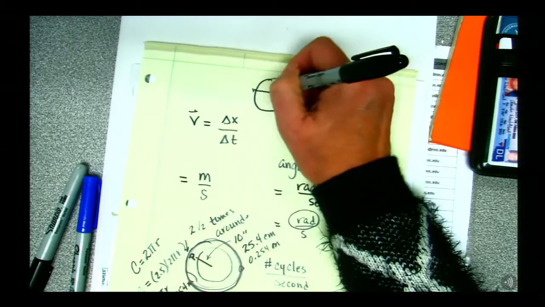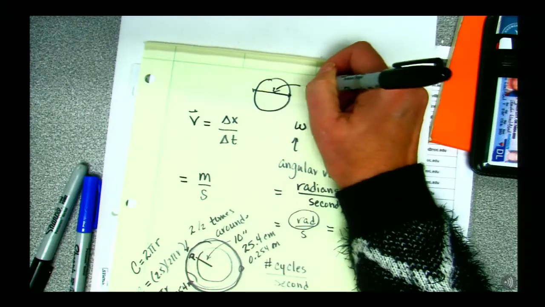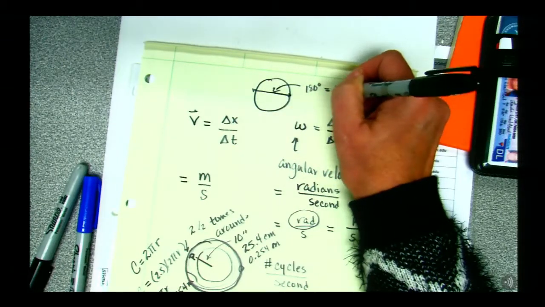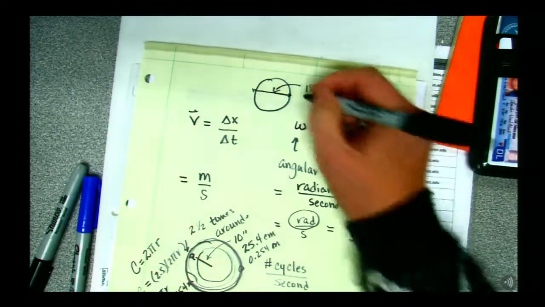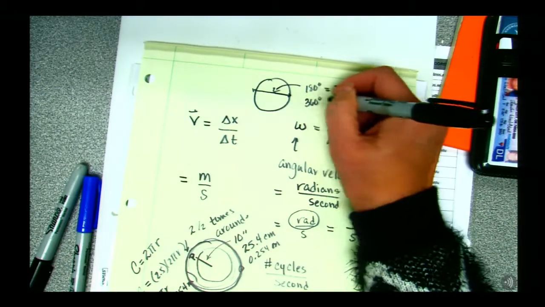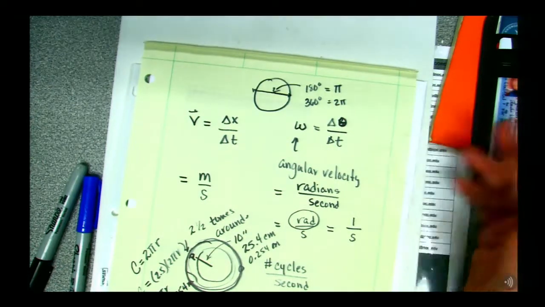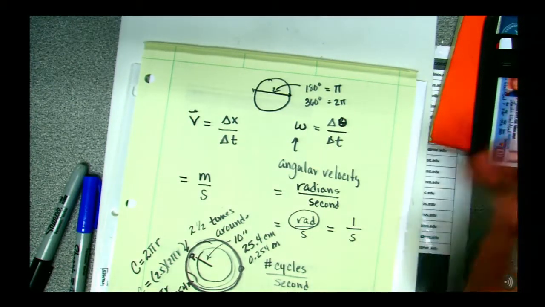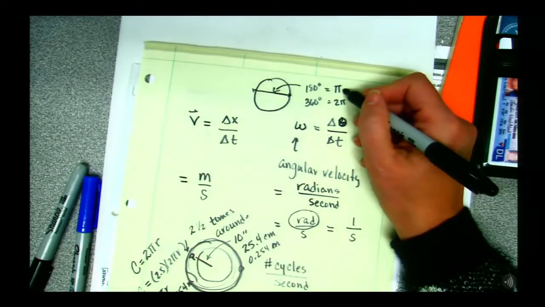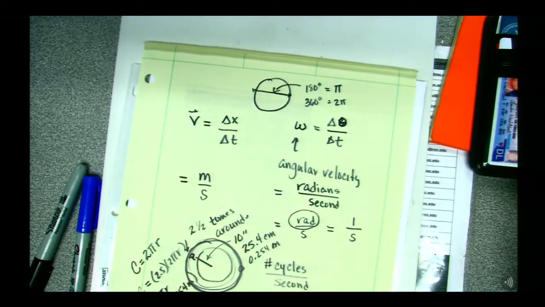That is pi radians. 360 degrees is equal to 2 pi radians. So you're going to be able to convert back and forth between degrees and radians, but I'm going to be working with my unit of pi in order to get there. So we'll be dealing with those lovely pieces.